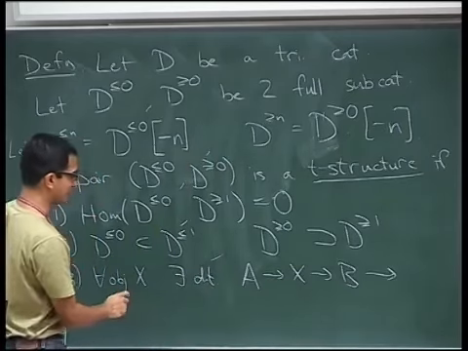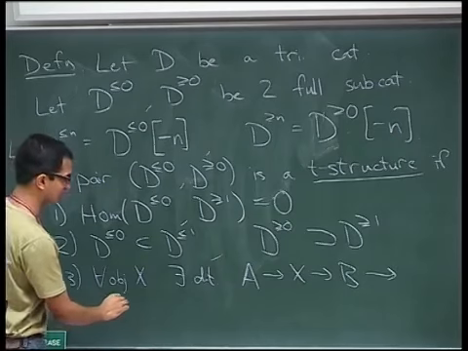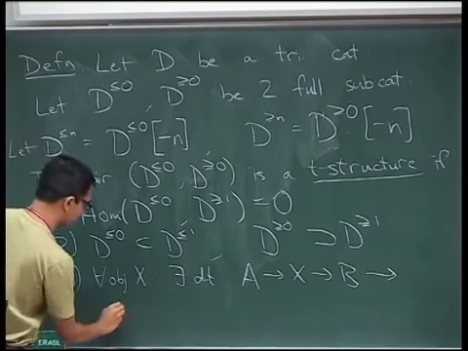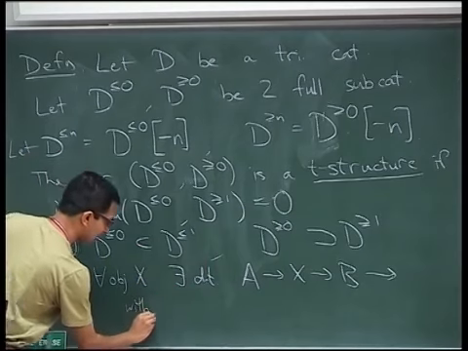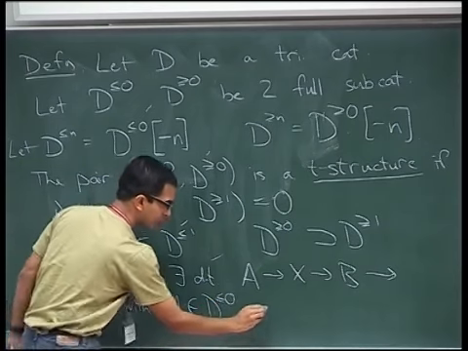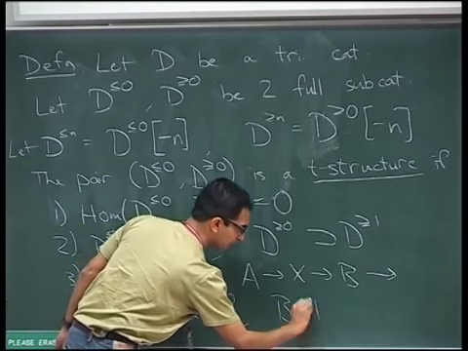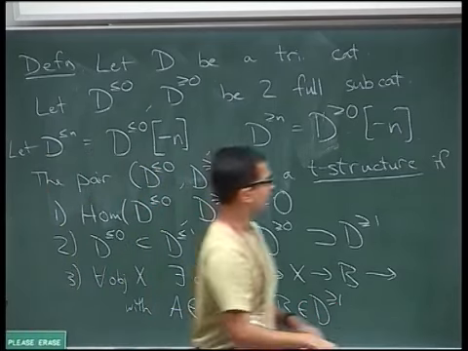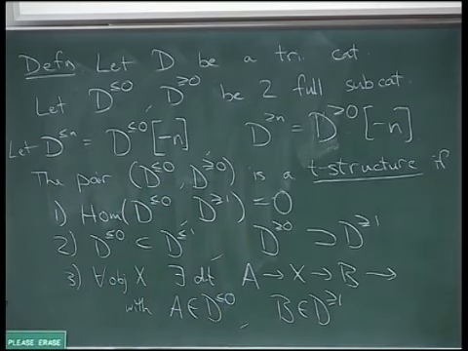But I think I'm going to leave those off today just to save some writing. But anyway, so there exists a distinguished triangle. And the condition on this is that A belongs to D less than or equal to 0, and B belongs to D greater than or equal to 1. Okay, so that's the definition.